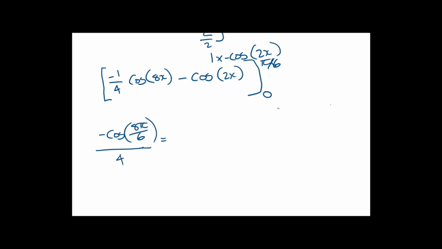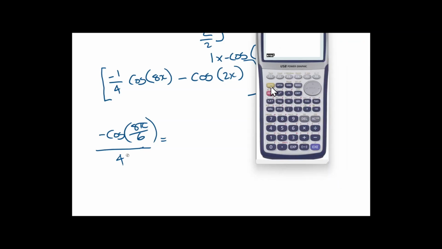So first one, grab your calculator, make sure it's in radian mode. So cosine of 8 pi over 6, divide that by 4, and we want to convert this to positive because there's a negative sign, so it's going to be 0.18.